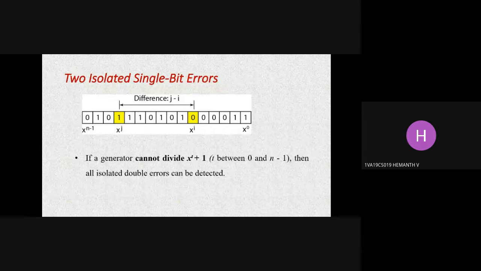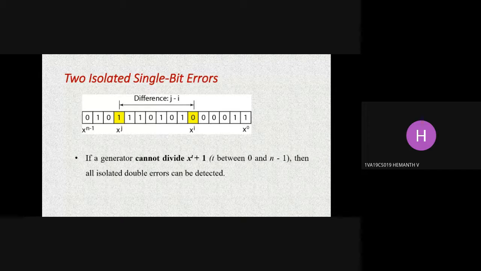So if the generator you consider cannot divide x power of t plus 1, then it will detect all isolated double errors in the given data.